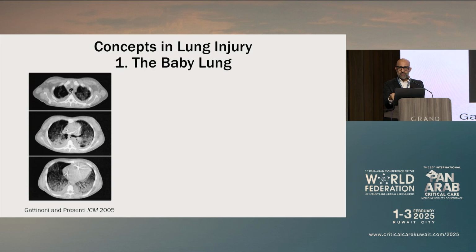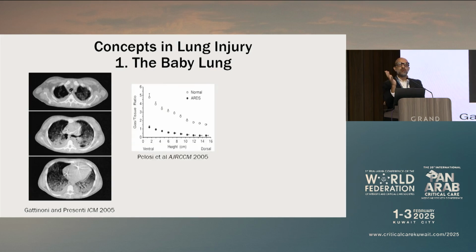Another important thing about the baby lung, again, as touched upon previously, is that it is definitely gravity dependent. In this study by Pelosi and colleagues, you can see the gas to tissue ratio on the y-axis, first of all, that curve is very different in normal healthy lungs compared to ARDS, but as you go from front to back, the amount of aerated lung becomes smaller and smaller, again demonstrating the pictorial and physiological concept of the baby lung.